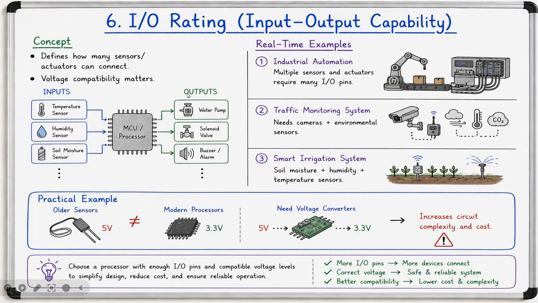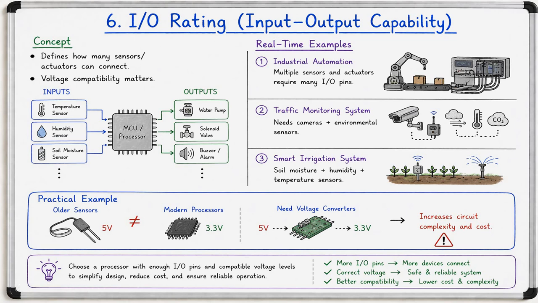Sixth is the input-output rating, that is, the input-output capability. Here the IO rating defines how many sensors and actuators can be connected to an IoT device. More IO pins, input-output pins, allow the device to handle multiple inputs and outputs simultaneously, and each sensor or actuator needs a connection pin on the processor.